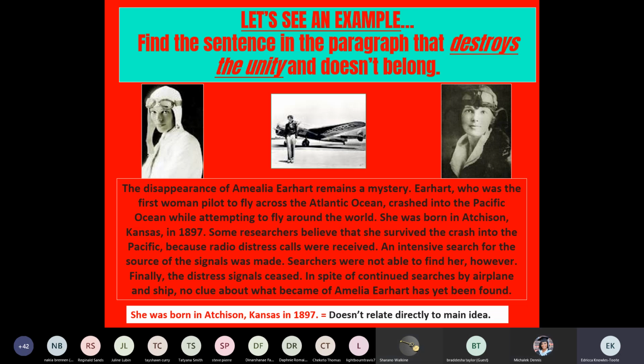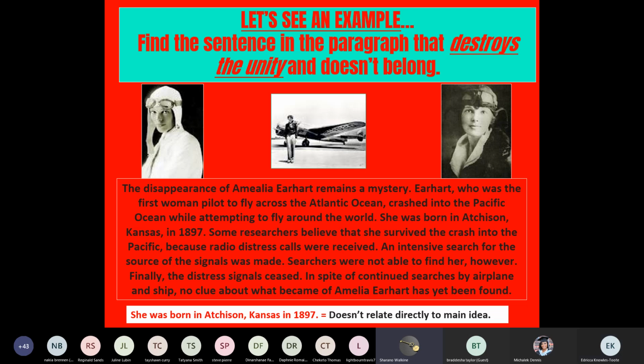The disappearance of Amelia Earhart remains a mystery. Earhart, who was the first woman pilot to fly across the Atlantic Ocean, crashed into the Pacific Ocean while attempting to fly around the world. She was born in Atchison, Kansas in 1897.